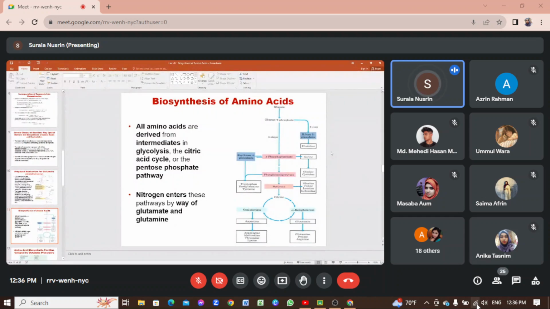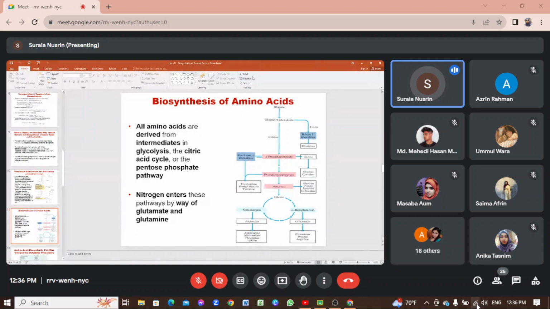And the nitrogen, because the amino group is present in all the amino acids, will enter by participation of glutamate and glutamine, because they are the donors of the amino group.